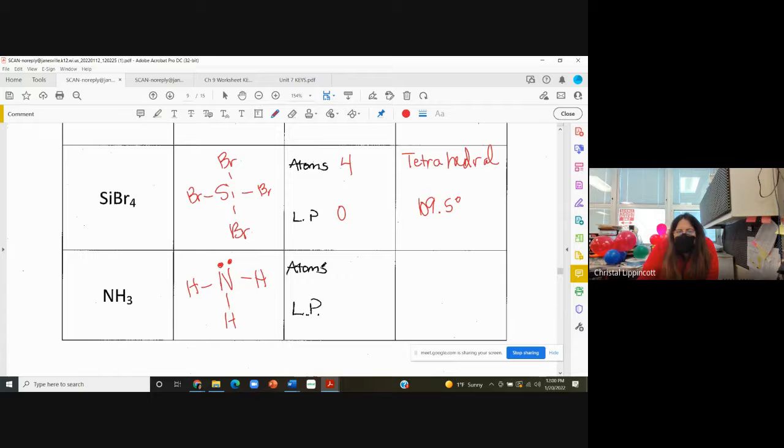All right, so you should have found that we had 3 atoms attached. And then here are our lone pairs for this guy right here. So we've got 1 lone pair there. So that makes this trigonal pyramidal.